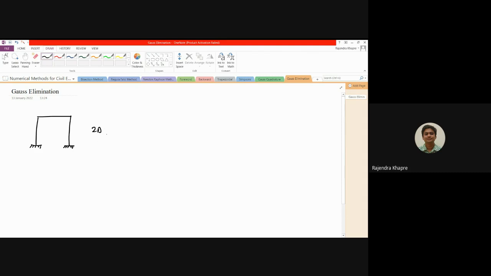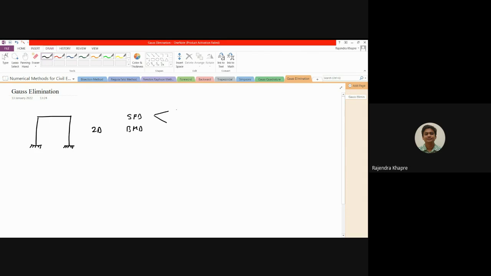Now there are different methods to solve this particular problem. Our interest here is to find the shear force diagram and the bending moment diagram. To solve this, two popular methods are still being used for structural analysis.